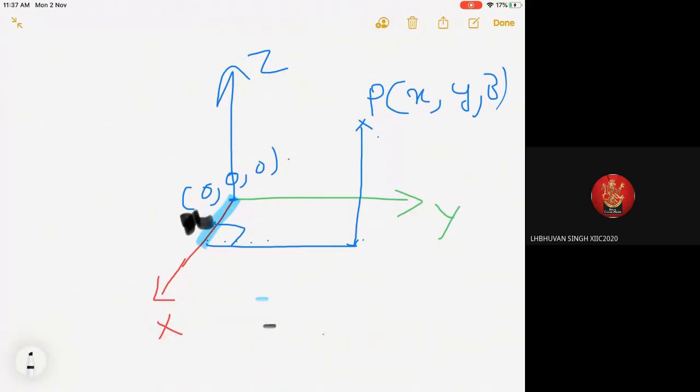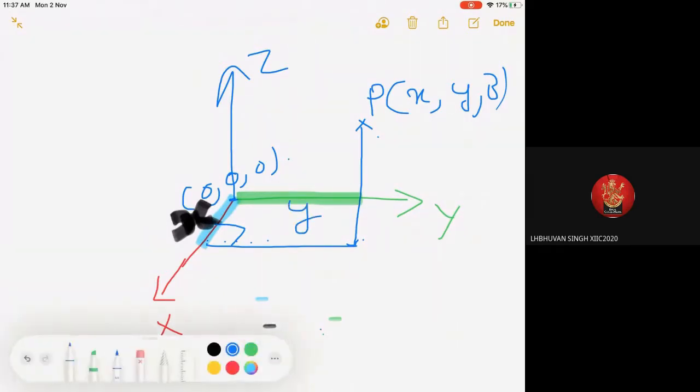The distance along the y-axis, you can see this distance, that is your y coordinate. The distance along the z-axis is your z coordinate. This much you have studied in the earlier class.